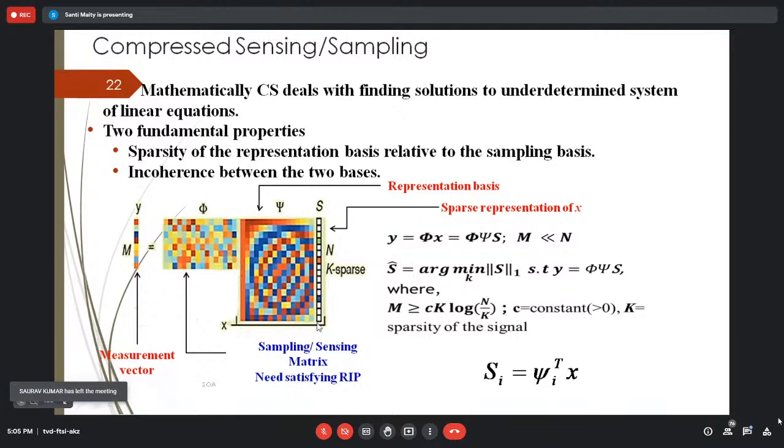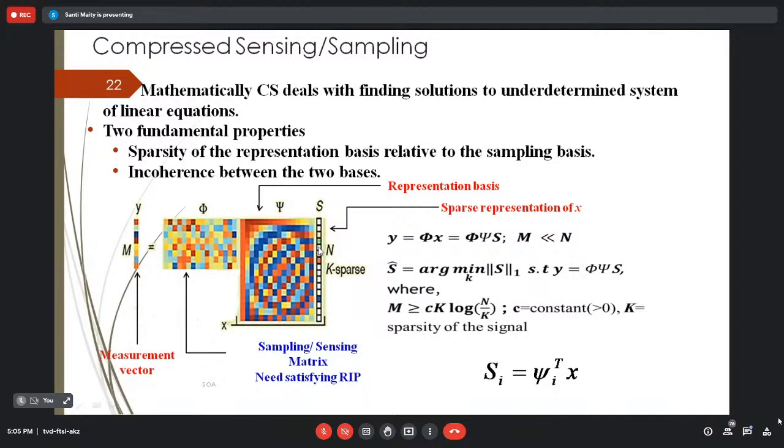This is your sequence. Eventually this may be analog, and you have to do sampling, and look for a compact representation. But even if you are in the discrete domain, you can again go for a compact representation by choosing a representation basis. So this is your sparse representation.